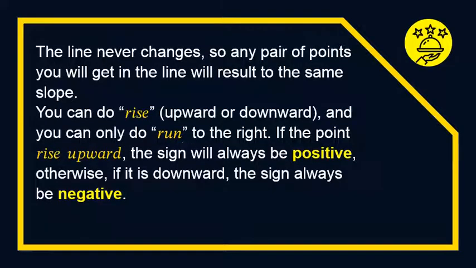The line never changes, so any pair of points you pick on the line will result in the same slope. Rise can be upward or downward, and run is always to the right. If the rise is upward, the sign will always be positive. Otherwise, if it is downward, the sign will always be negative.